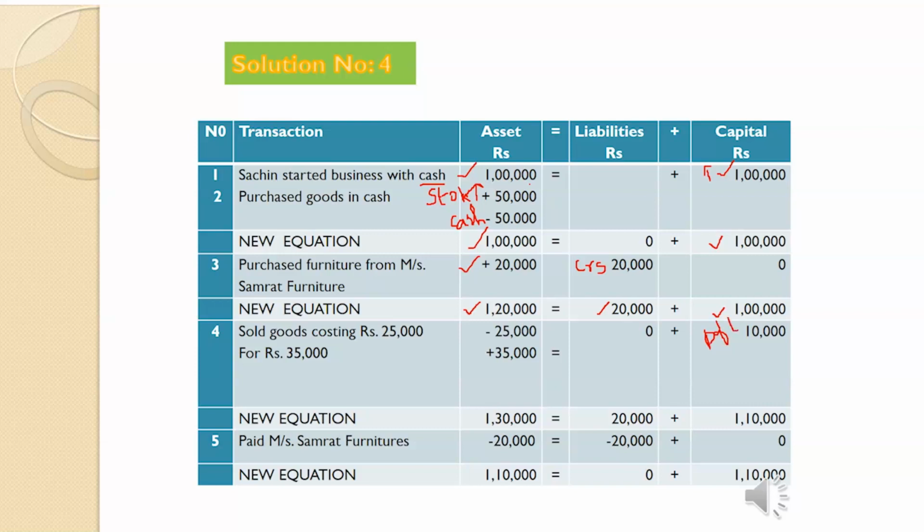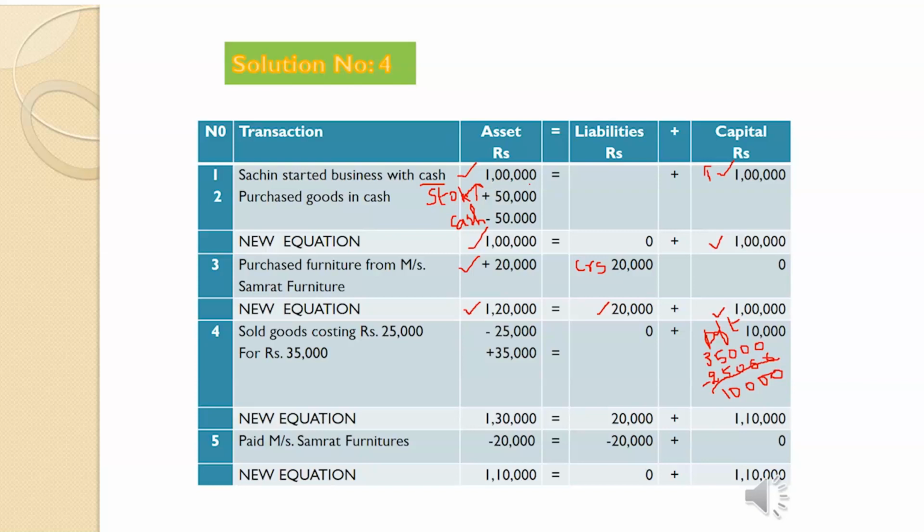That 10,000 is the profit, a revenue for us, so it is added with the amount of capital. 35,000 is the value of goods sold, but the actual value is 25,000.